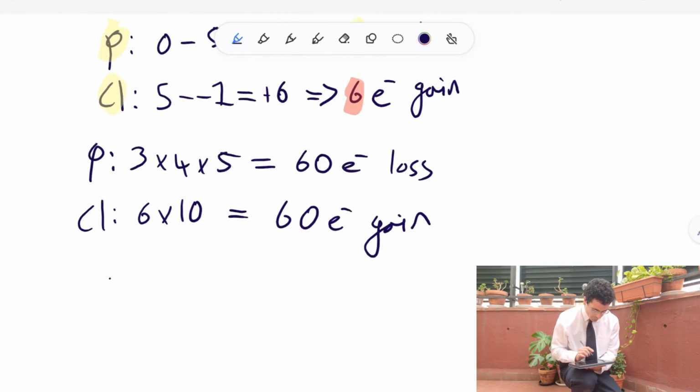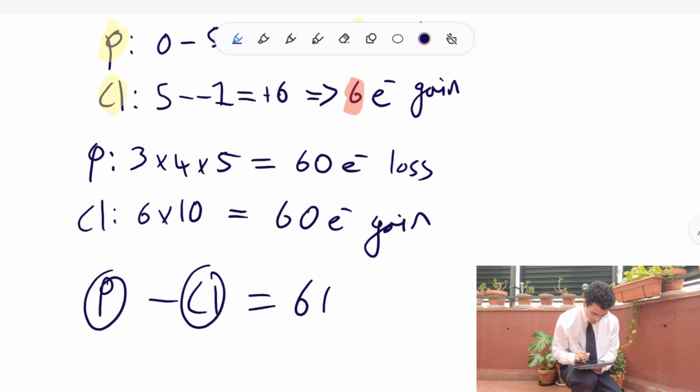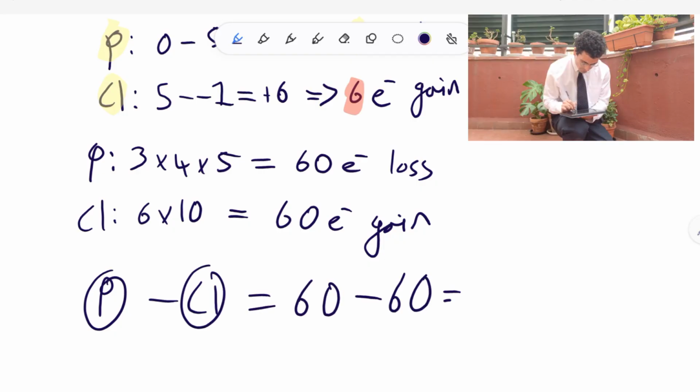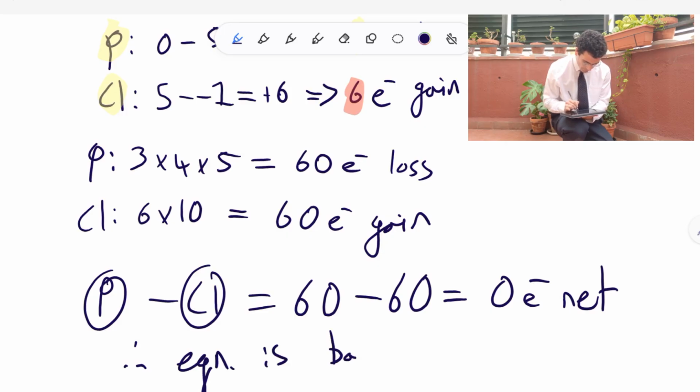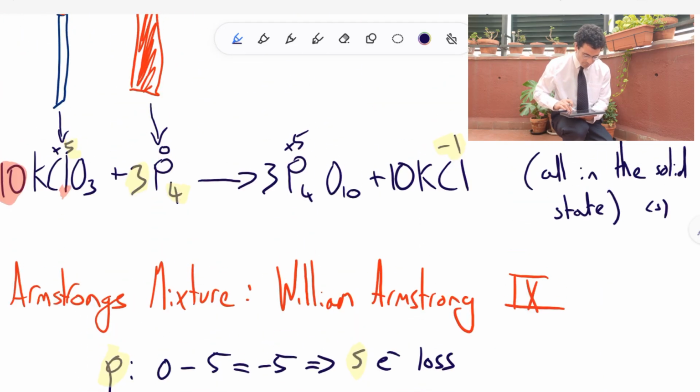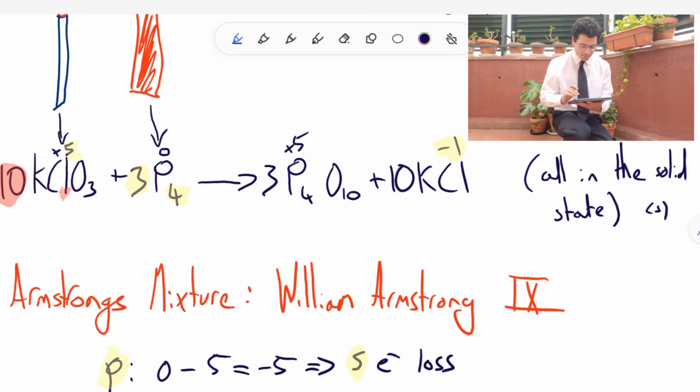So we have proven that P minus Cl equals 60 minus 60, which equals 0 electrons net. Therefore, the equation is balanced. Perfect. So now we have proven that this equation is indeed balanced.